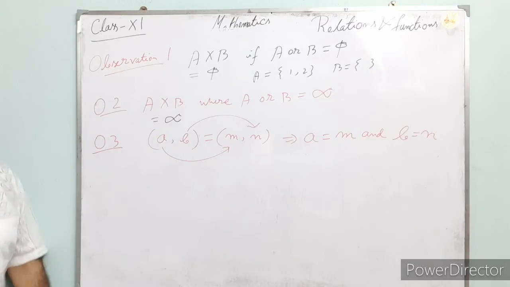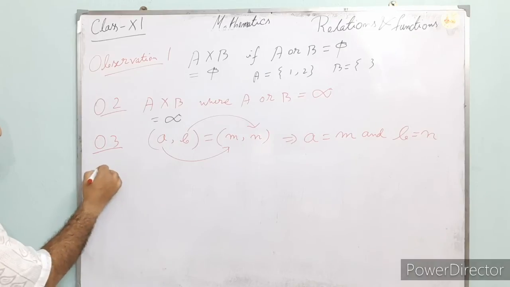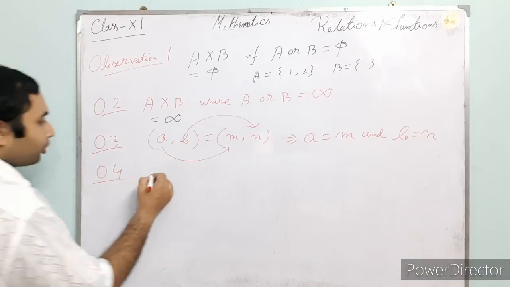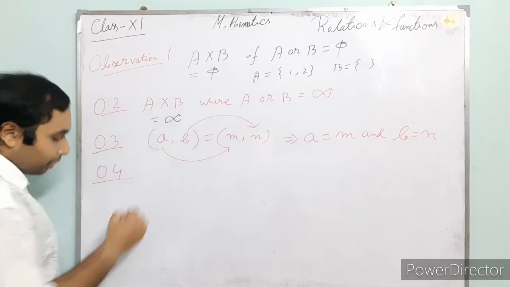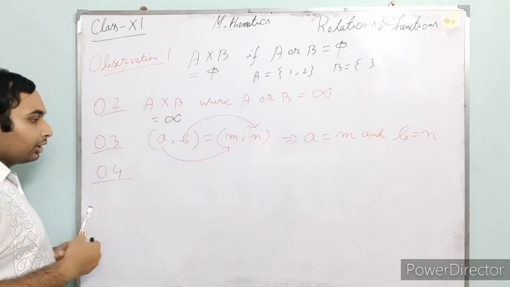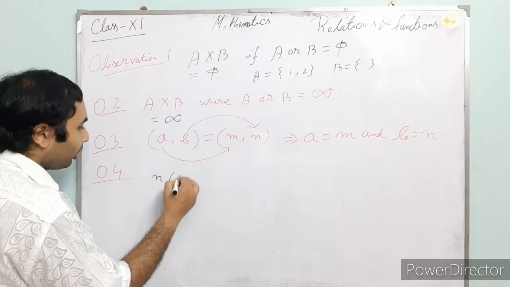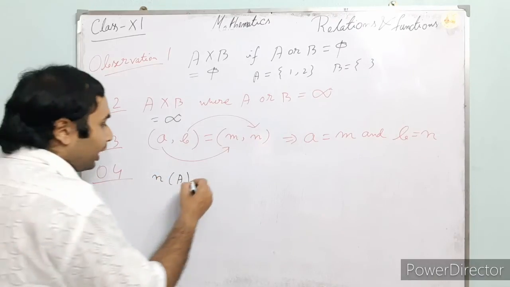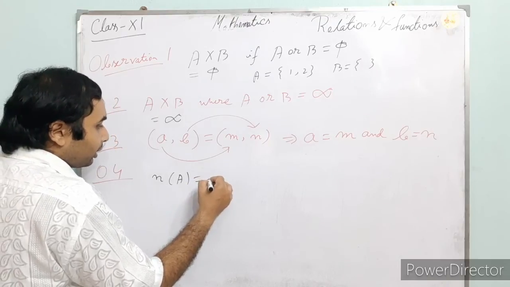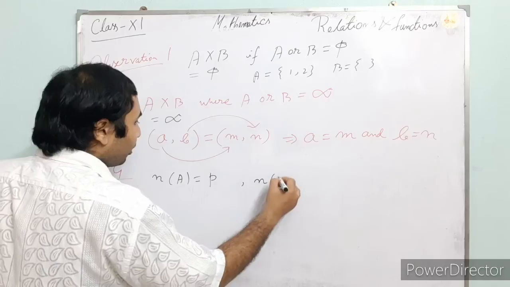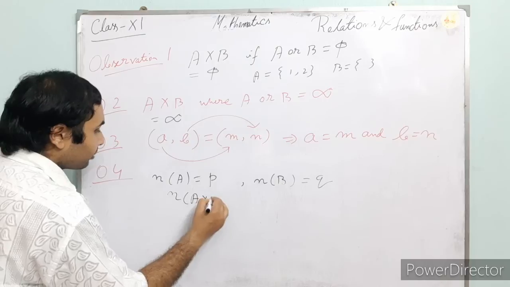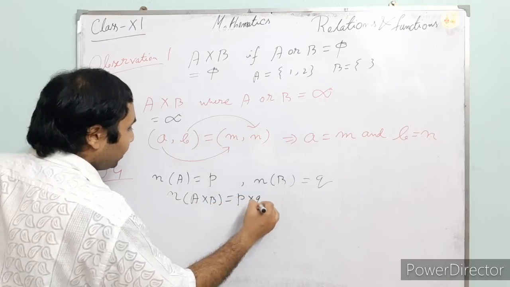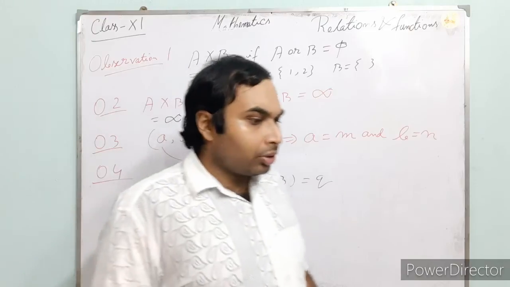Okay. And now observation 4, and that we have actually used, that is cardinality. Cardinality of A, just remember I have told you, that is the number of elements of the set A. If we write P, and cardinality of B, if we write Q, then the cardinality of A cross B will obviously be P into Q. So those are some observations.